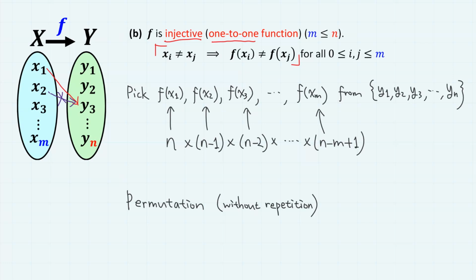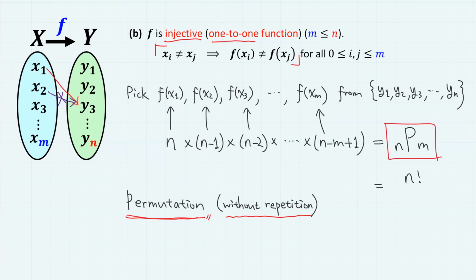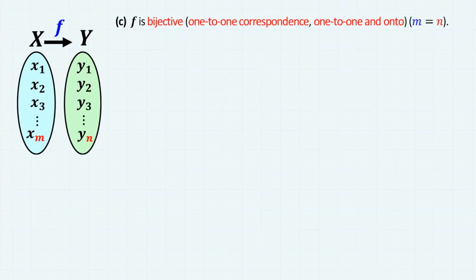This is what we normally call permutation, when repetition is not allowed. It is often denoted as nPm, and it can also be calculated by n factorial divided by (n-m) factorial. So that was the number of injective functions, and now let's move on to bijective functions.